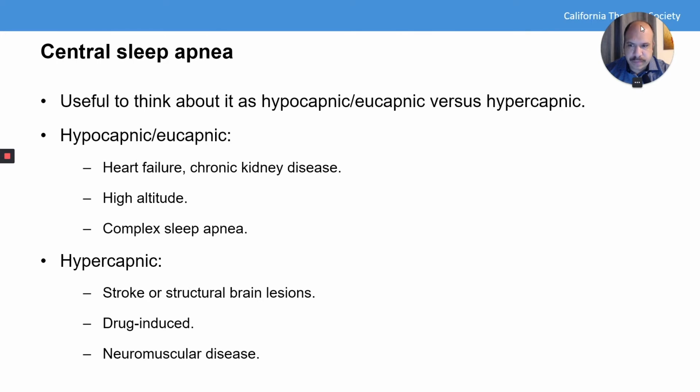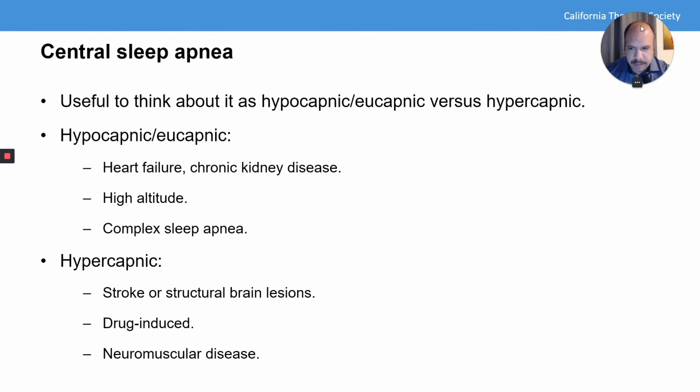In hypocapnic or eucapnic CSA, you're primarily thinking about heart failure, chronic kidney disease, maybe other disorders of volume overload, or high altitude, in particular going from low altitude to high altitude, or complex sleep apnea or treatment emergent sleep apnea.